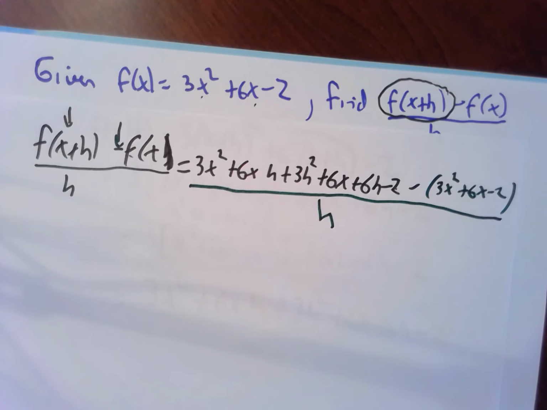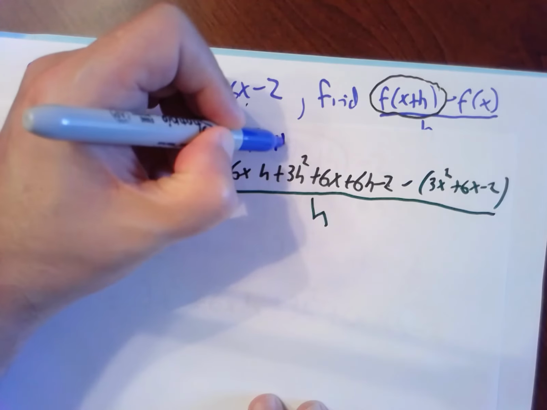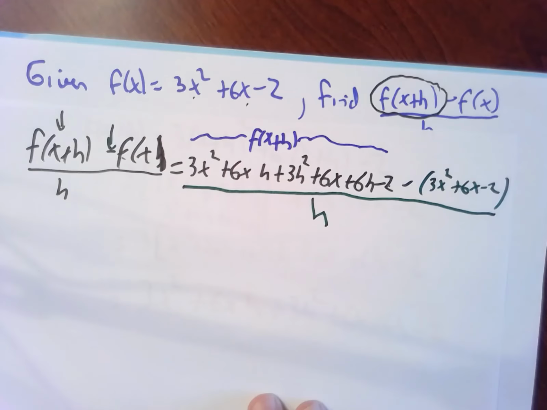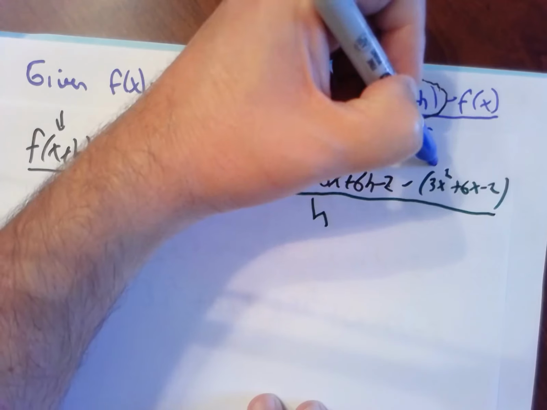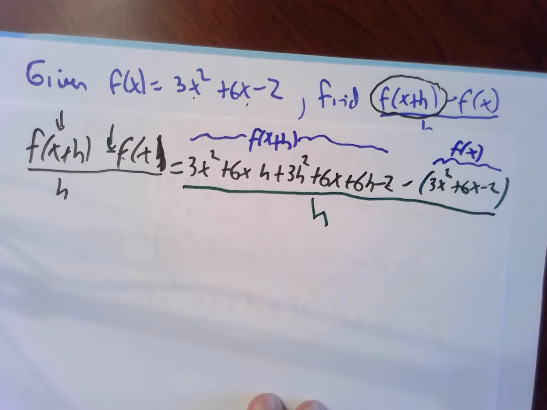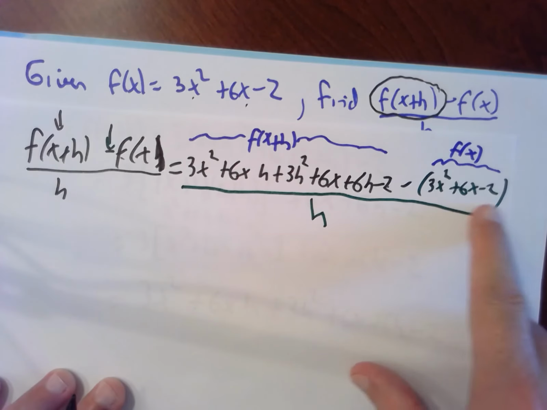Okay, so all of this right here at the beginning is f of x plus h, minus f of x, all over h. The next step, every single time, distribute this negative.